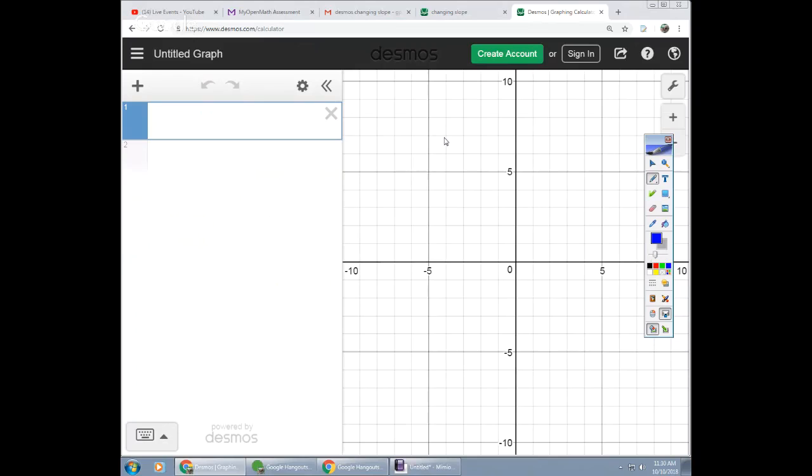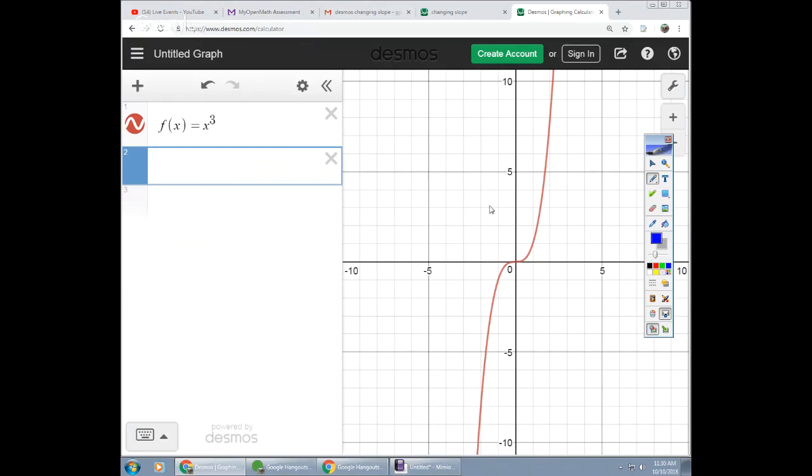All right, so we have originally started with f of x equals x raised to the third. And the slope function, I'll call it g of x. g of x equals 3x squared. So does it seem reasonable?